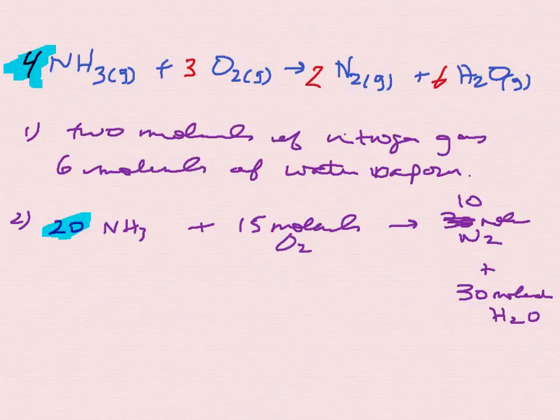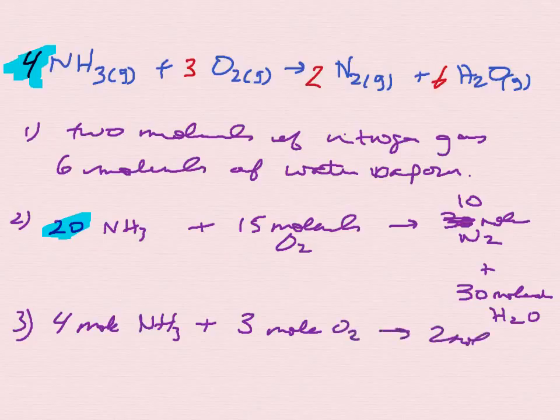Now the key though, and the best relationship for any balanced equation is not really molecules, but actually about moles. The best conclusion you could make would be to say this: 4 moles of ammonia, because it's practical in terms of quantity, would react with 3 moles of oxygen to produce 2 moles of nitrogen and, of course, 6 moles of water vapor.